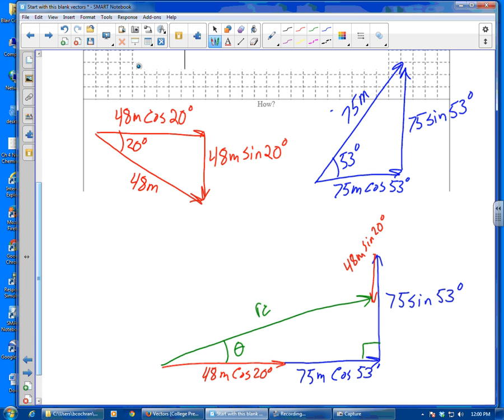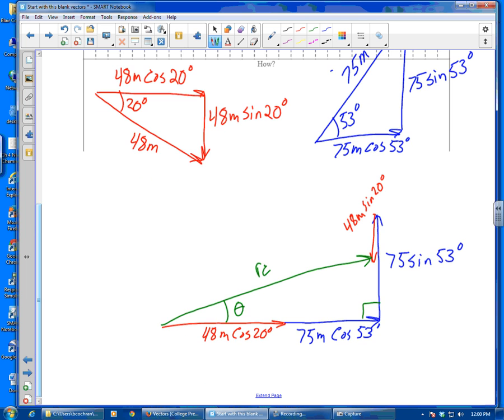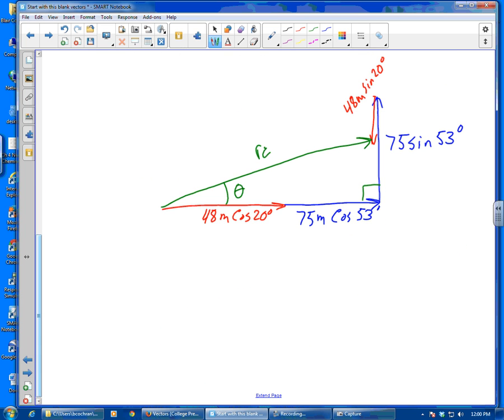So I took my vectors, broke them into parts, combined the parts, and now I'm going to try to add those new parts to get a whole number again. Excuse me. So, let's see. I'm going to redraw this just one more time. I need that length.